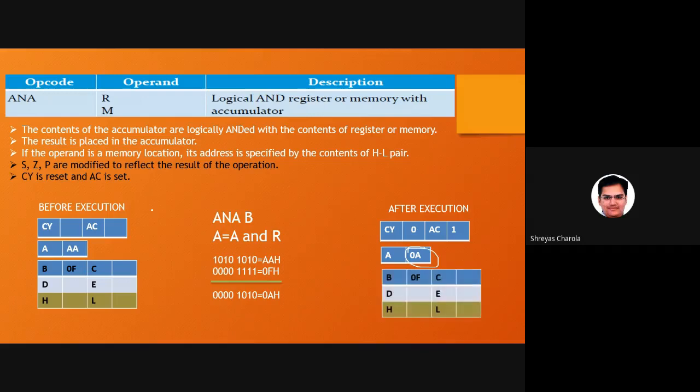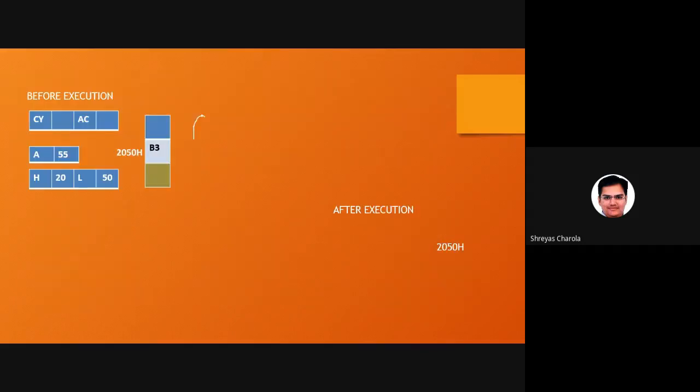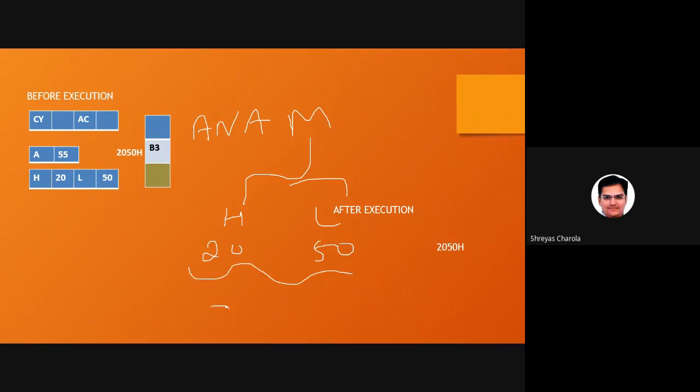Let's suppose I write ANA M. What do you mean by this M? M indicates HL. What is in H and L? 20 and 50. When you combine 20 and 50, it is considered an address, so it will go to that address.